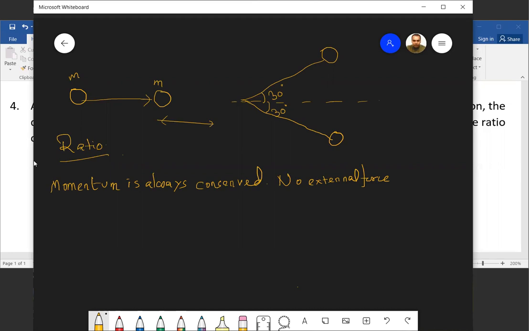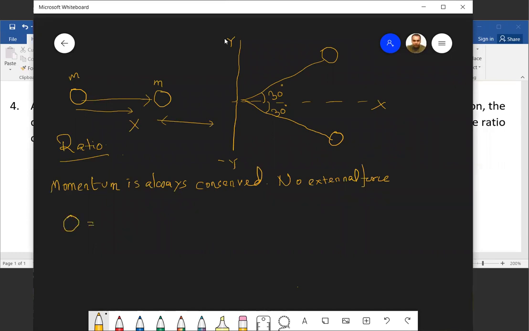So initially, what is the momentum along the y-axis? For simplicity, we will consider the momentum of the two balls along the y-axis. This is the x-axis and the y-axis, minus y-axis suppose. Initially the ball is moving along the x-axis, the horizontal direction. So all the momentum will be along the x-axis, and the momentum along the y-axis will be 0.